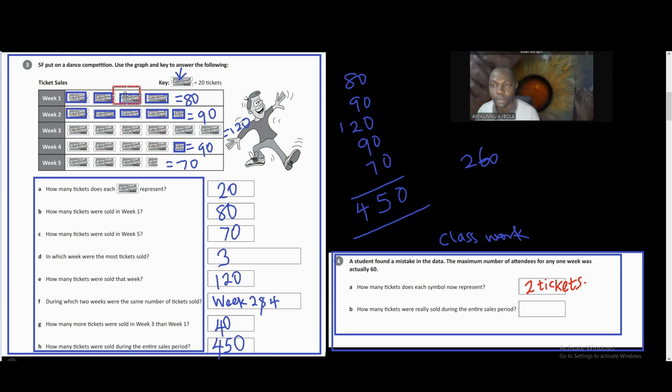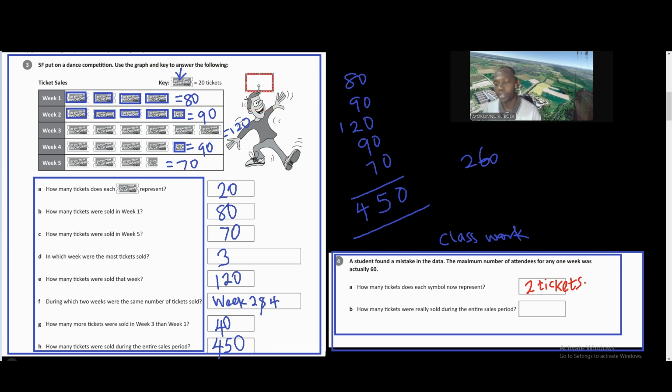Then we still have 34, 36, 38, 40, 42, 43, 44, 45. It's 45, not 49. There was a mistake in the count. So that's 45. If we use 3 to represent each ticket, we will get more than 60, okay?